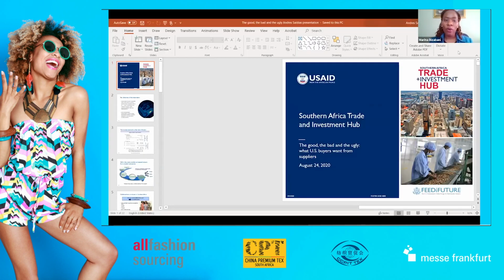We've heard the U.S. market side perspectives on importing into the U.S., covering legal framework and buyers' requirements and processes. Now we will take a peek into regional activities by trade promotion service providers and suppliers themselves. To that effect, I will quickly introduce Nizar Mohammed, who is the sector manager at Trade and Investment KwaZulu-Natal, Trade Invest KZN, and is responsible for the knowledge economies, primarily focusing on the fourth industrial revolution and the green economy.